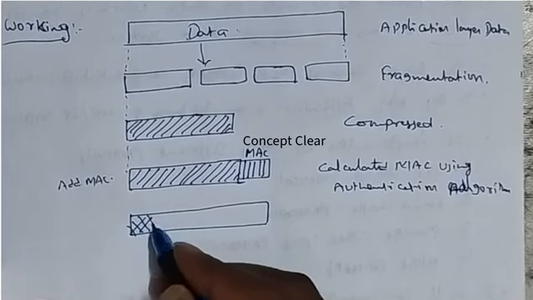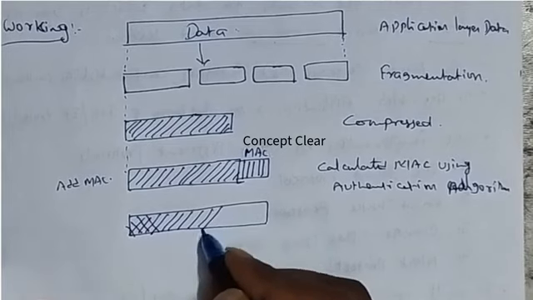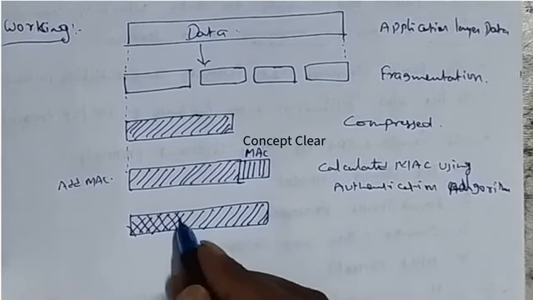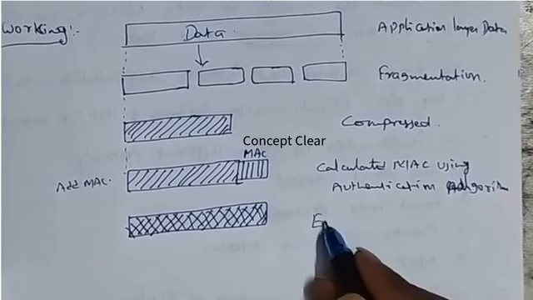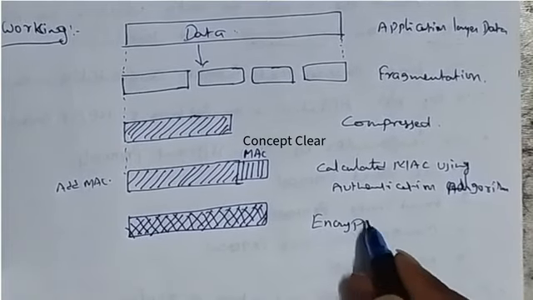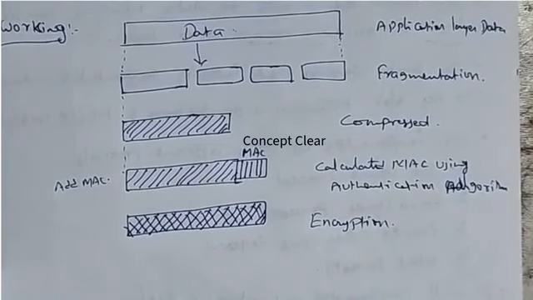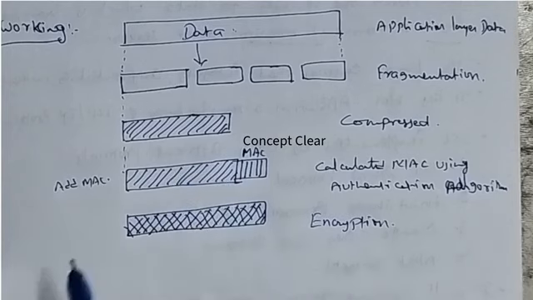For simple understanding purposes, I am drawing different shapes here. The data will be encrypted. Here is the encryption. Encryption means the entire MAC and data both will be encrypted.